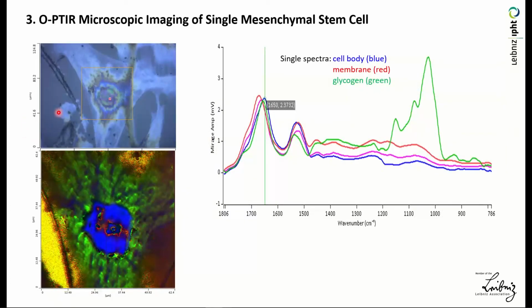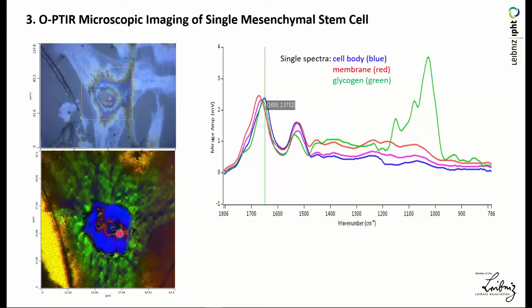With O-PTIR, we also studied a mesenchymal stem cell, however, with a much smaller region of interest and with a step size of 100 nanometer. And then certain subcellular features are resolved. First, blue, that's the cell body.